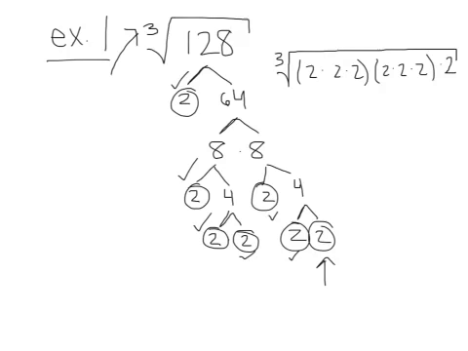And you can now clearly see that you have a perfect cube here, a perfect cube here, and since this one doesn't have 2 others, it's going to stay under the radical. So we have 2 that we can pull out from this one. We have another 2 that we can pull out from this set of 3.